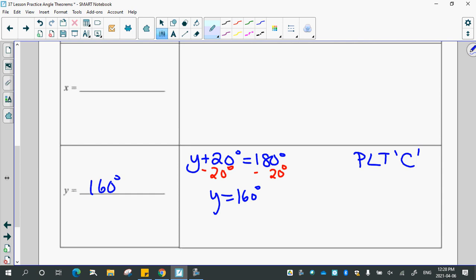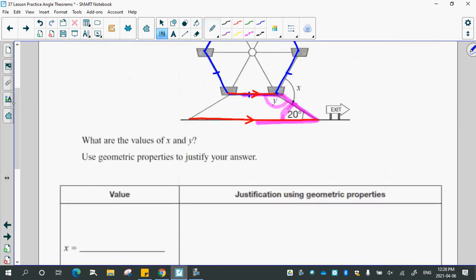Once you've got that 160, you want to put it into your diagram. Because often adding angles that you find helps you figure out what you need to know in order to get the question. So we now know that this piece here is 160. And does anyone see how it's going to be possible for me to end up getting x?